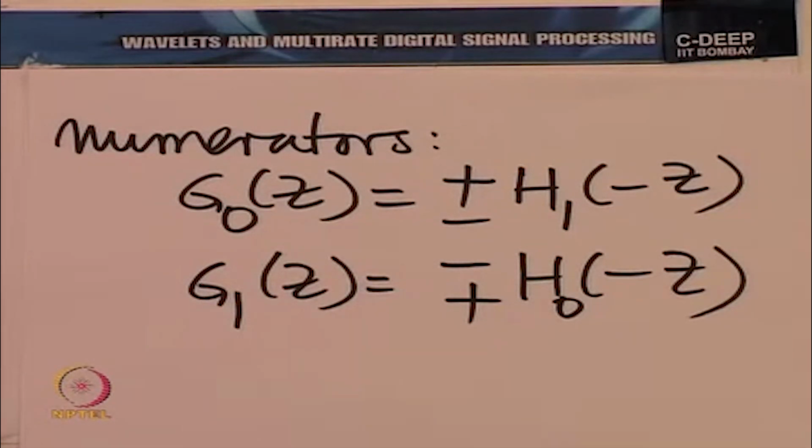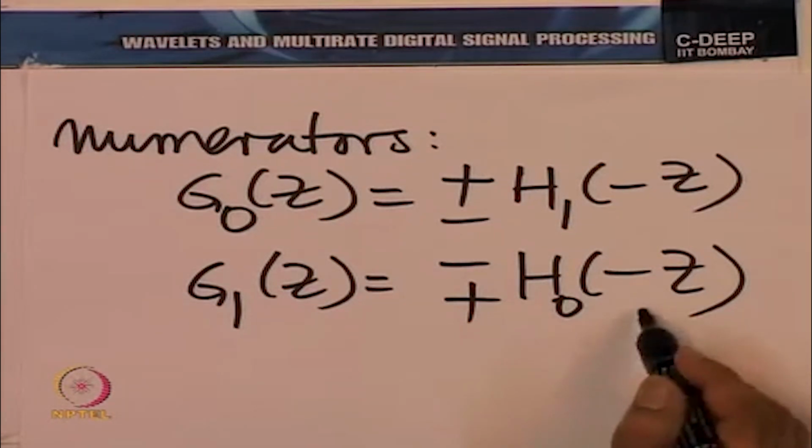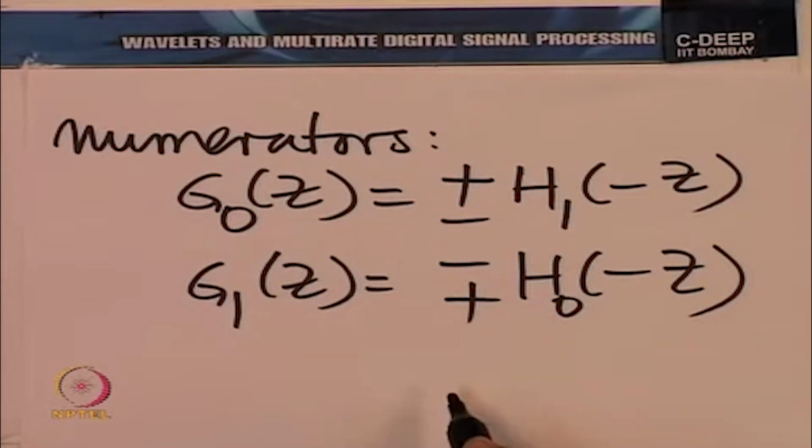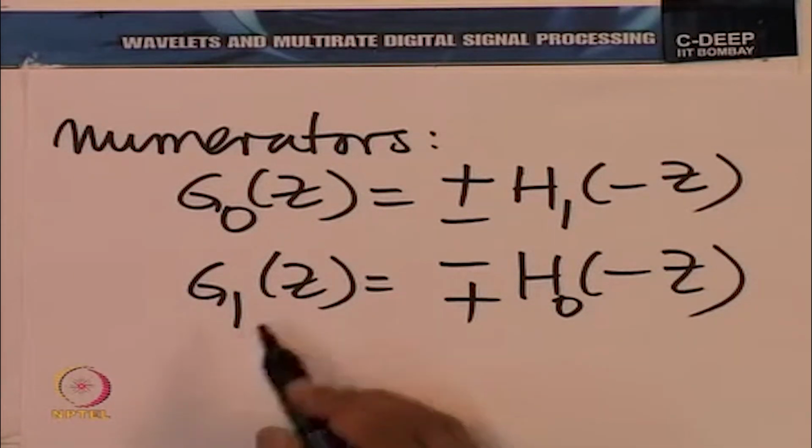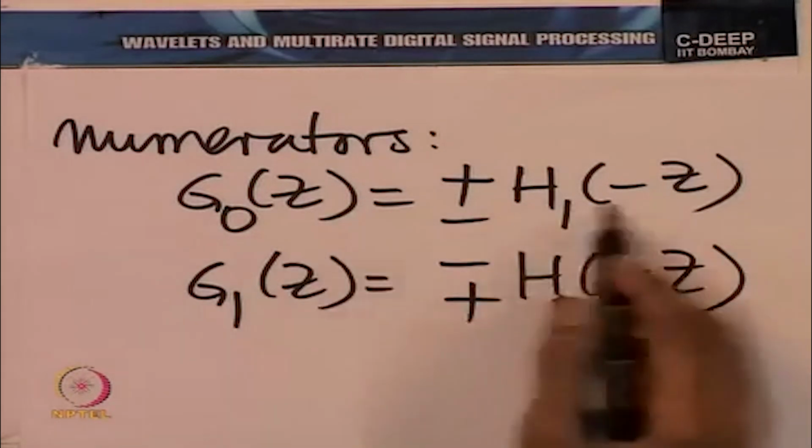So, in that sense, we have a neat interpretation for the ideal case. Even if the filter is not ideal, we have a reasonable interpretation, in the sense that we could always take this to be a non-ideal low pass filter with a cutoff of pi by 2, and this would again become a reasonably close high pass filter with cutoff pi by 2, and vice versa for this.